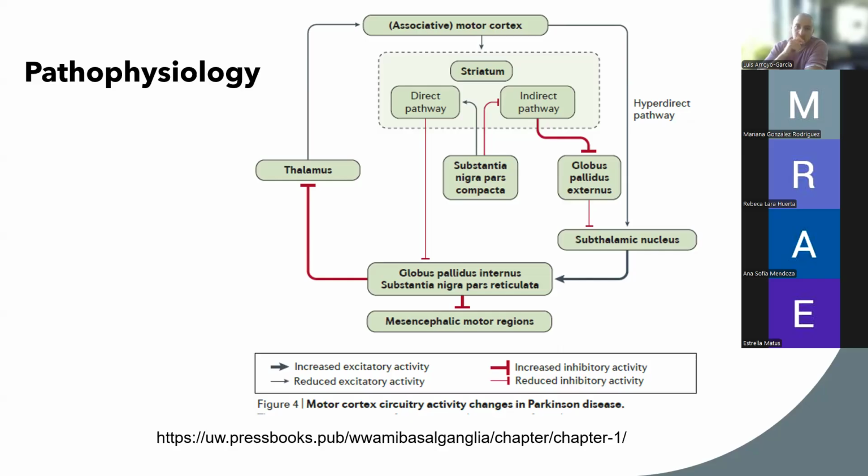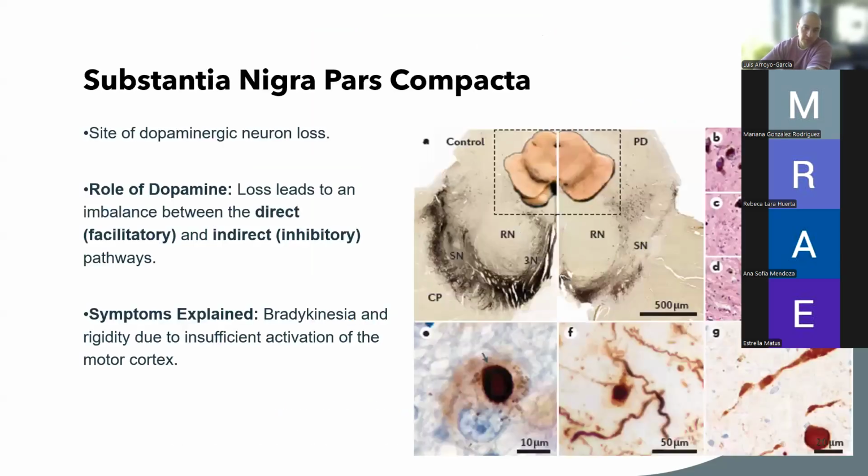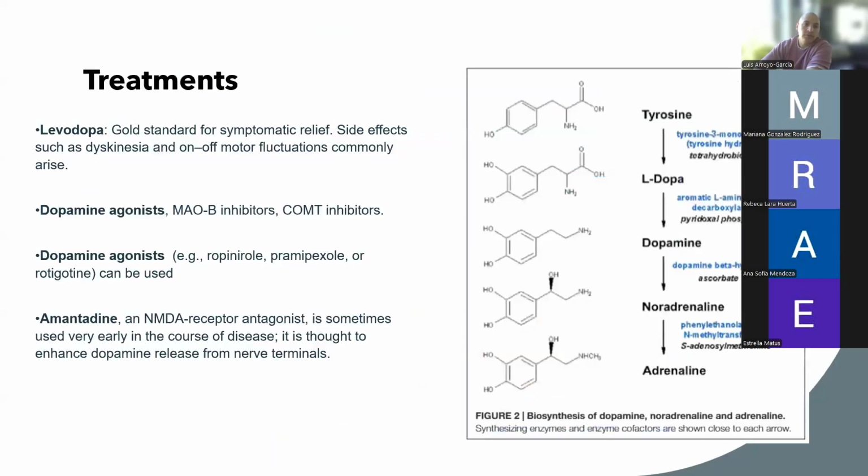That's something important as a coadjuvant of the treatments. Okay. So actually, yes, we have here the normal pathway. We have tyrosine, L-dopa, dopamine, noradrenaline, adrenaline.